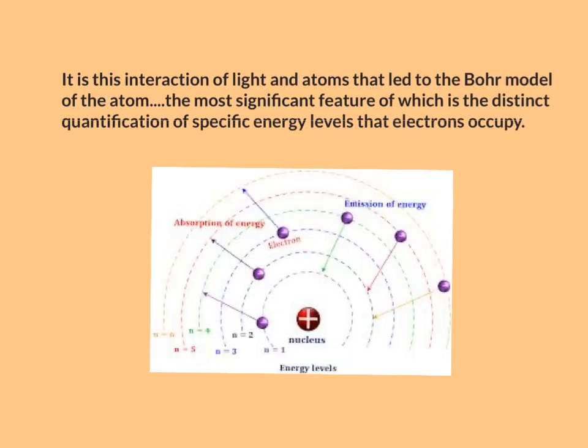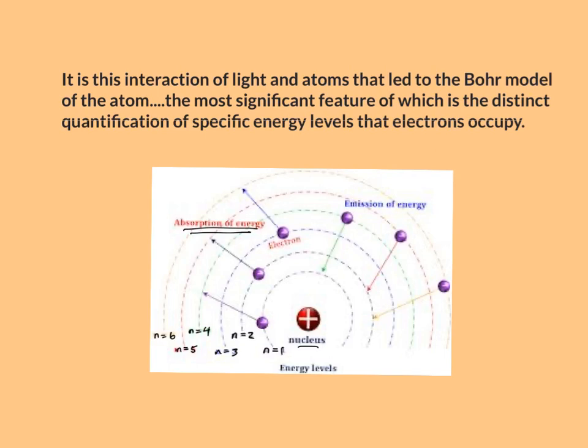This diagram is a tiny bit blurry, I apologize, but it kind of summarizes the things that we've talked about here. The nucleus is in the center of the atom. We have n equals 1, n equals 2, n equals 3. This is how the energy level is noted, with an n equals something or other. And electrons absorb energy in moving from a location near the nucleus to farther away.